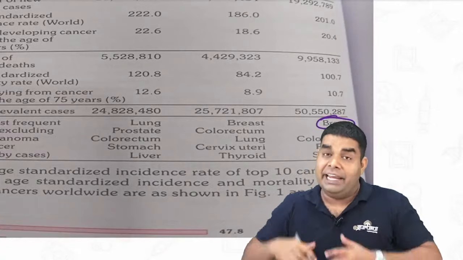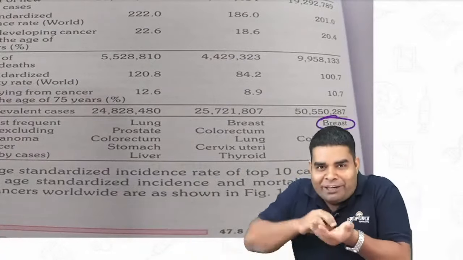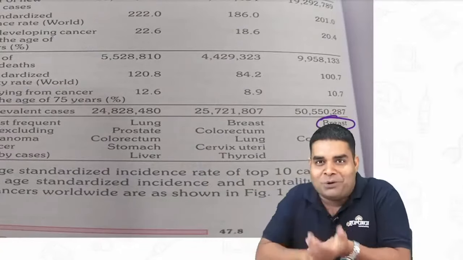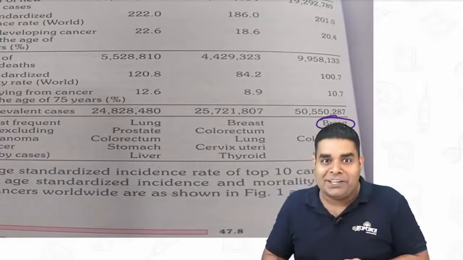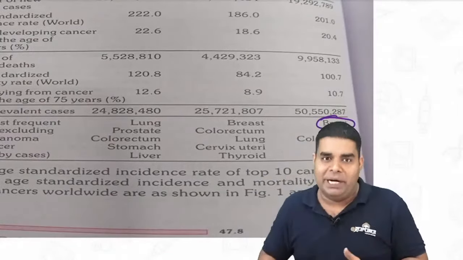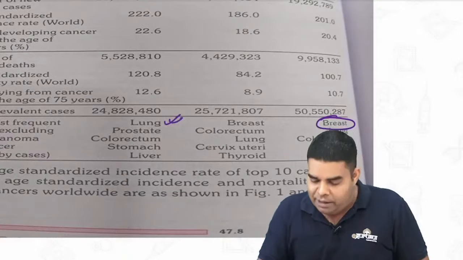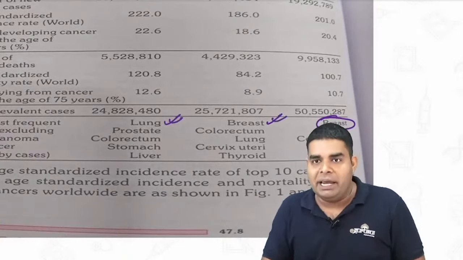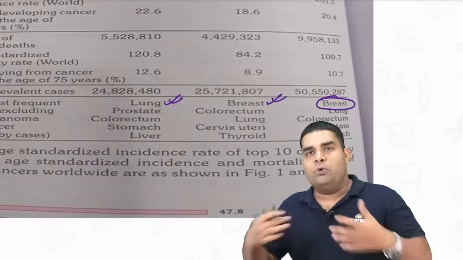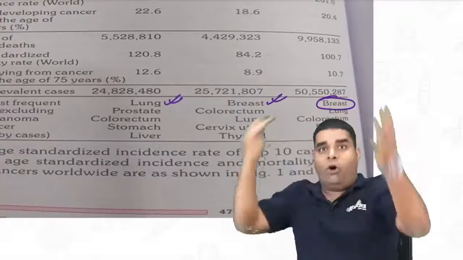Okay, and in the world, because they do not chew so much tobacco or so much gutka like Indian population, so in the world oral cancer is less common as compared to India. And in the world, lung cancer is more common in male, breast cancer is more common in female, and breast cancer is more common in both India and world overall.